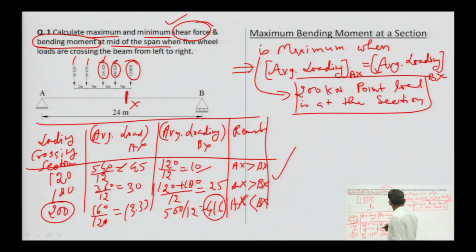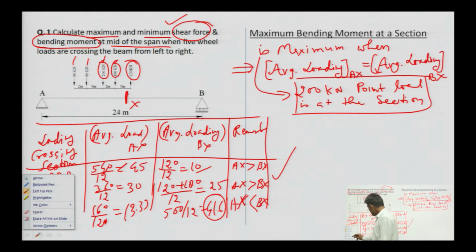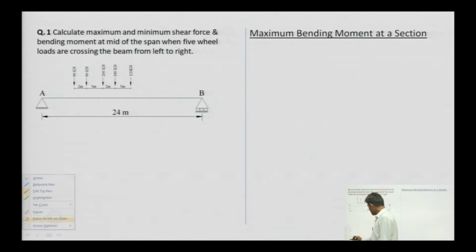Clear to everybody? So, the conclusion is that the 200 kilonewton load should be at the section. Okay, let me complete it.